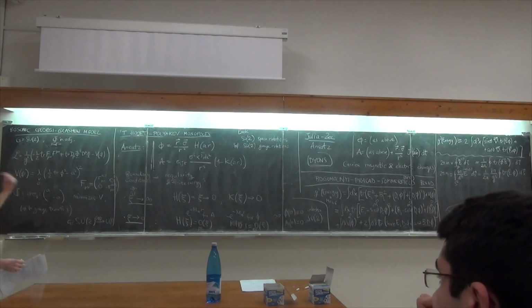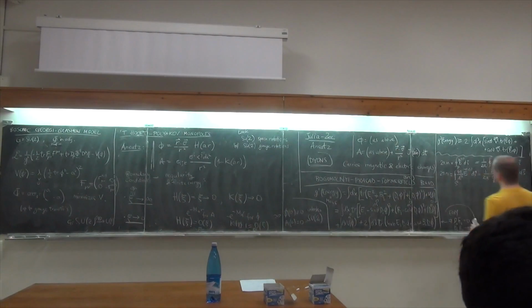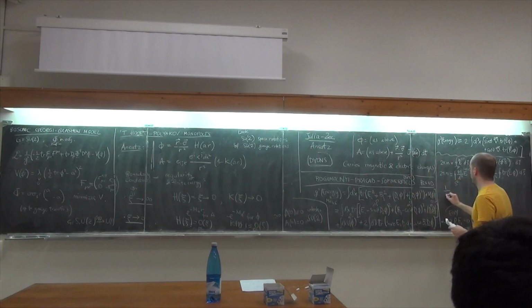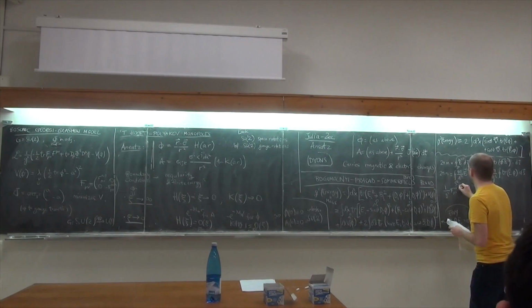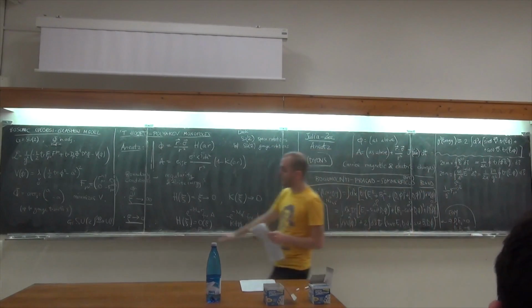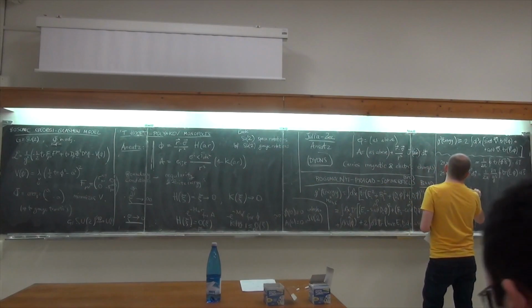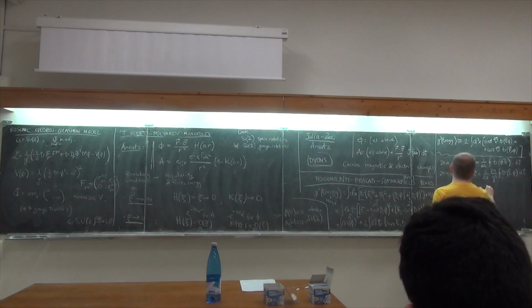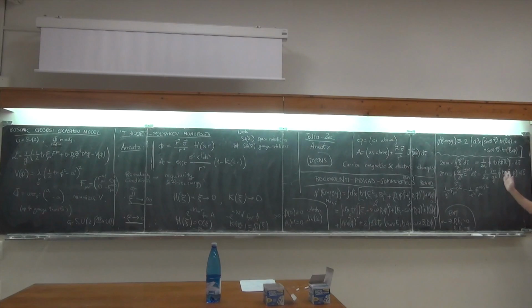But I have to match it with the normalization that I used yesterday for the gauge theory, which is 1 over e squared F_{mu nu} U1 squared. So that's the reason for this factor of 2. It's just to conform with our normalization.